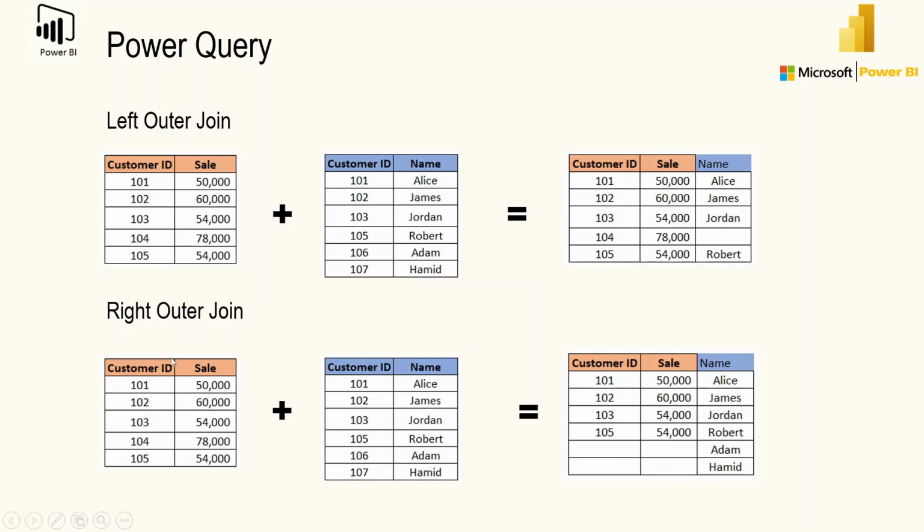And similarly, 104 wasn't available in this customer name, so it didn't show me the 104 here. So this is how left outer join and right outer join work in Power Query.